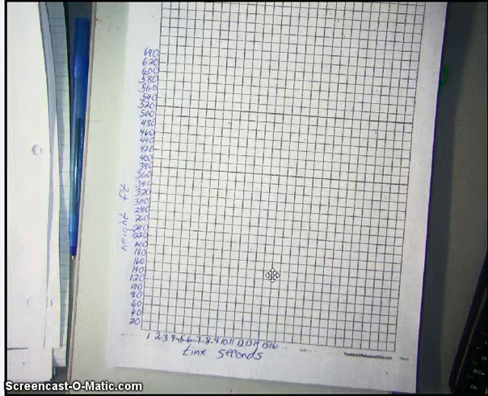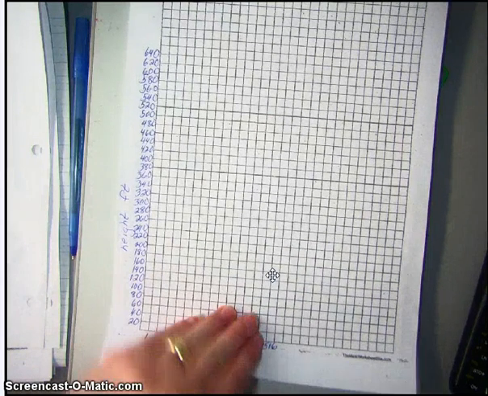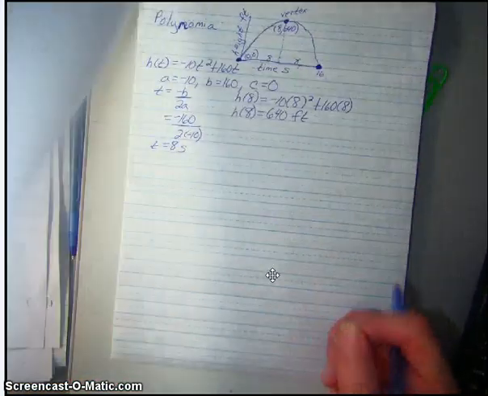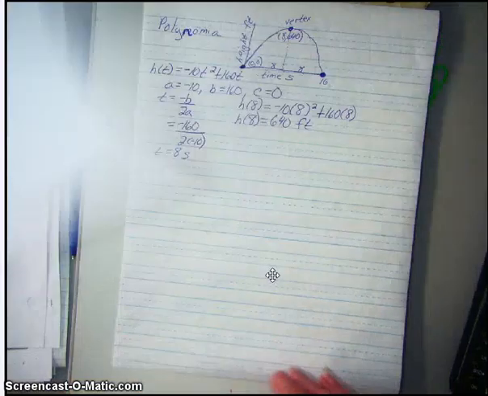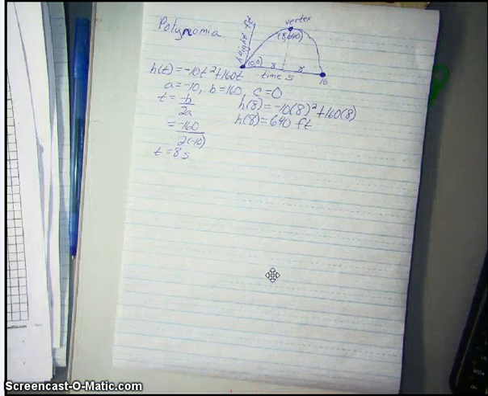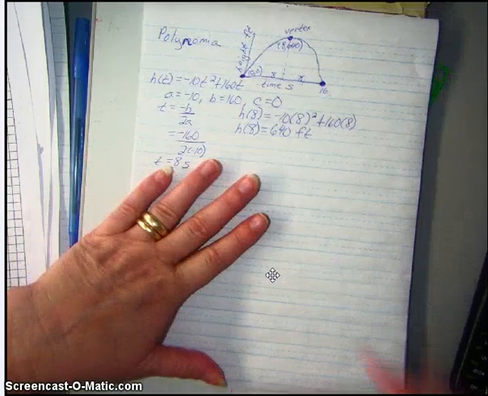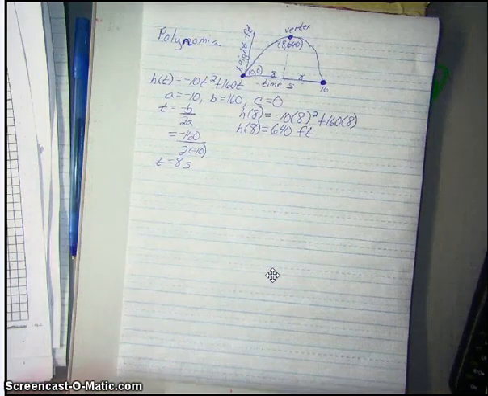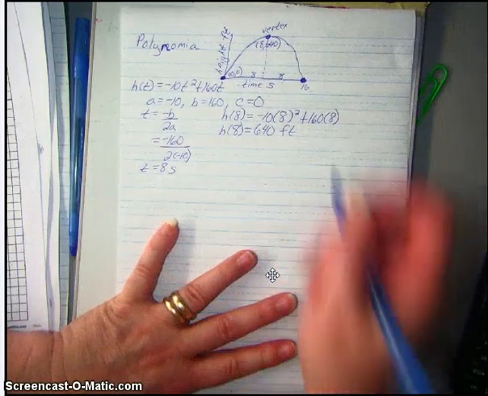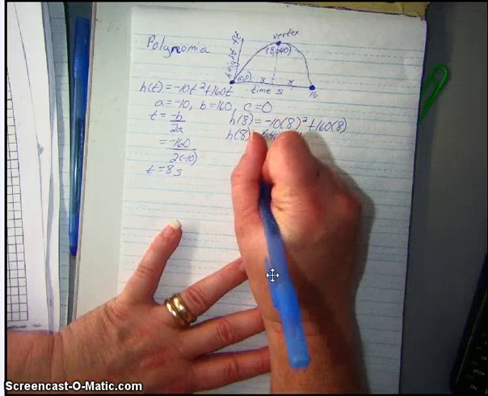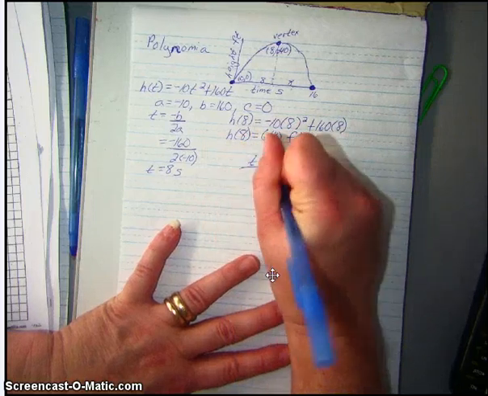All right, so I'm going to come up with 5 points in the table to graph the flight path on Polynomia. Most of those, actually 3 of the 5 points that I need, are already here in my calculations. So I'm making a table of time and height.